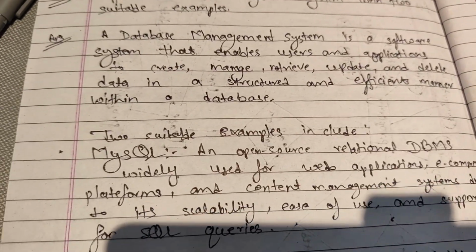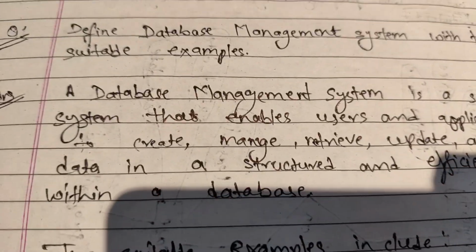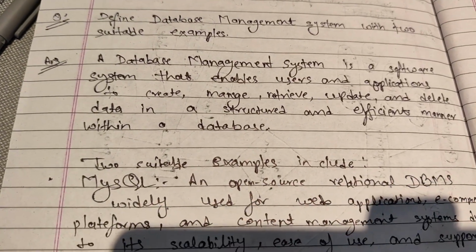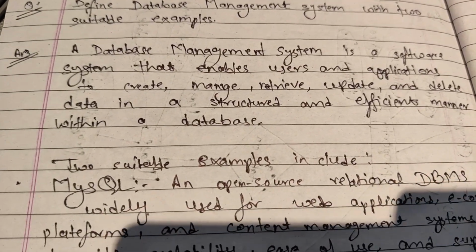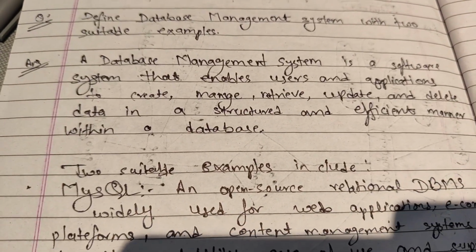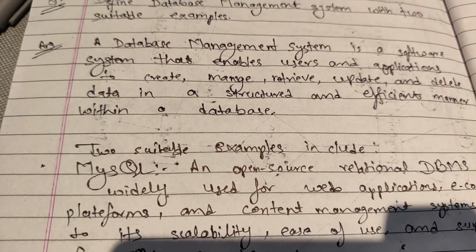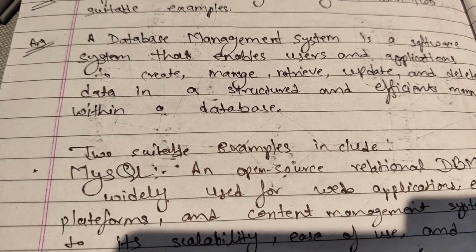A database management system is a software system that enables users and applications to create, manage, retrieve, update, and delete data in a structured and efficient manner within a database. Just like in your college or anywhere else, we can say a library is a database management system.